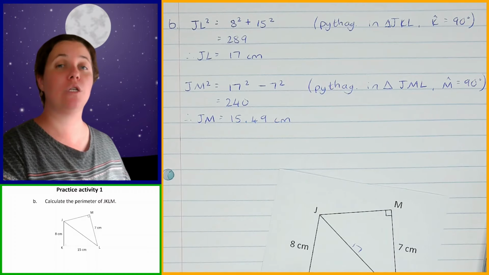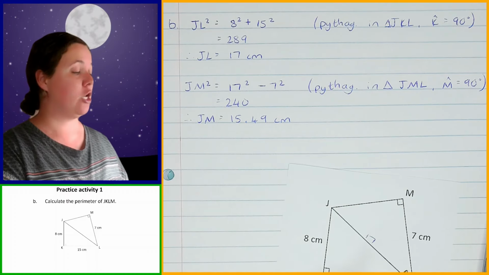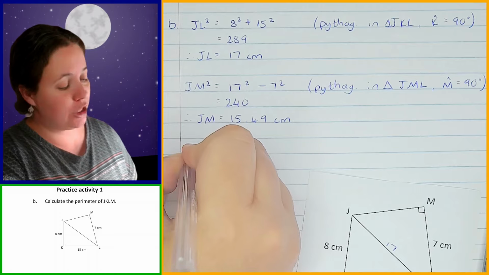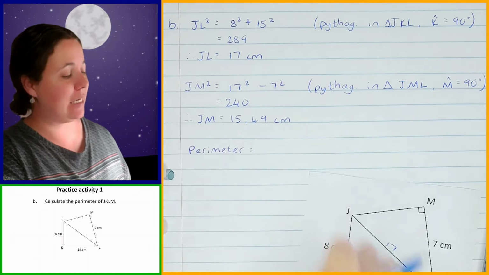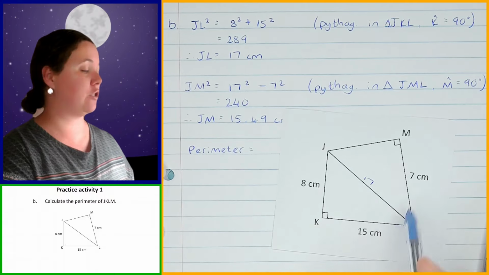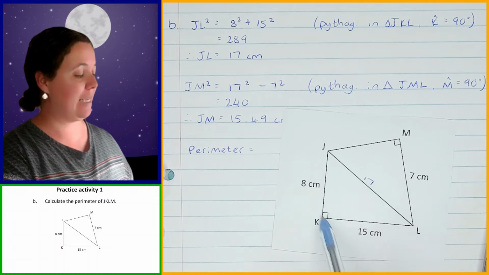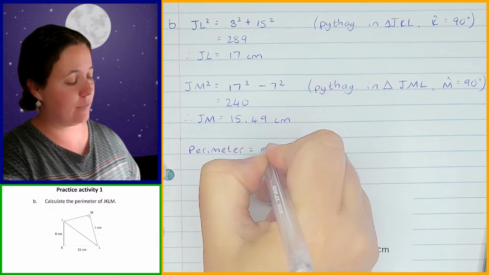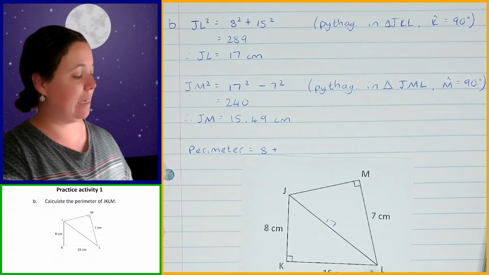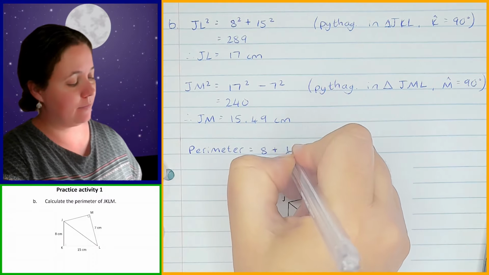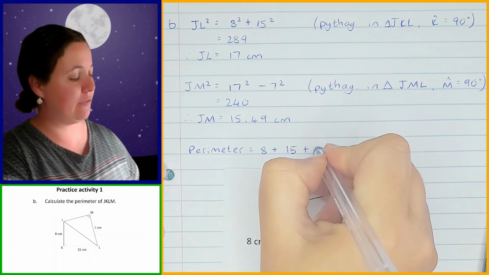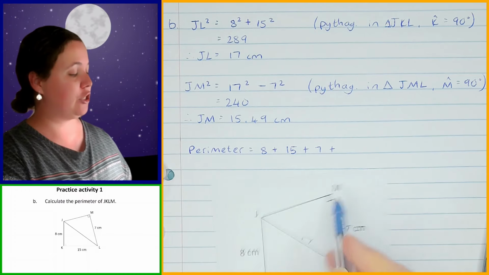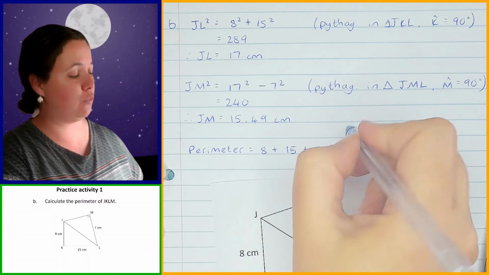The question was to calculate the perimeter of this shape. So now to work out the perimeter, I need to add up all of the sides around the shape. So it's going to be JK, which is 8, plus KL, which is 15, plus ML, which is 7, plus JM, which I just worked out is 15.49.